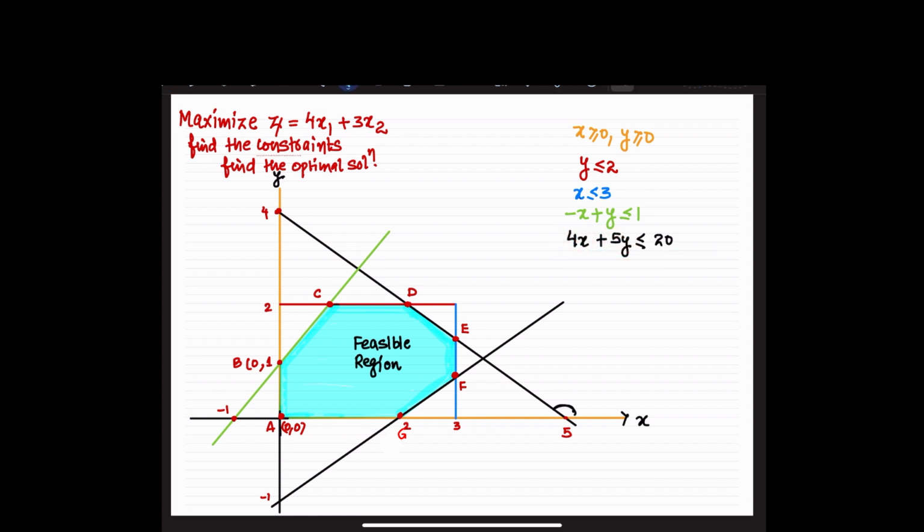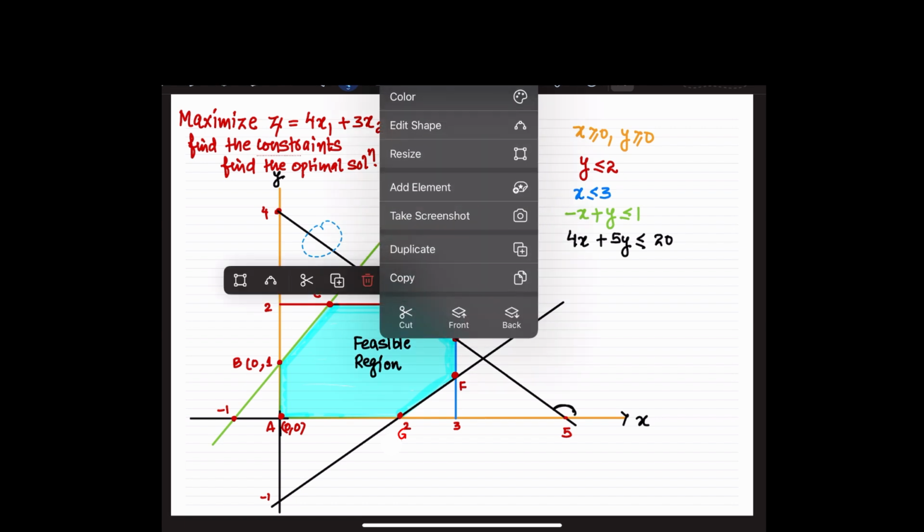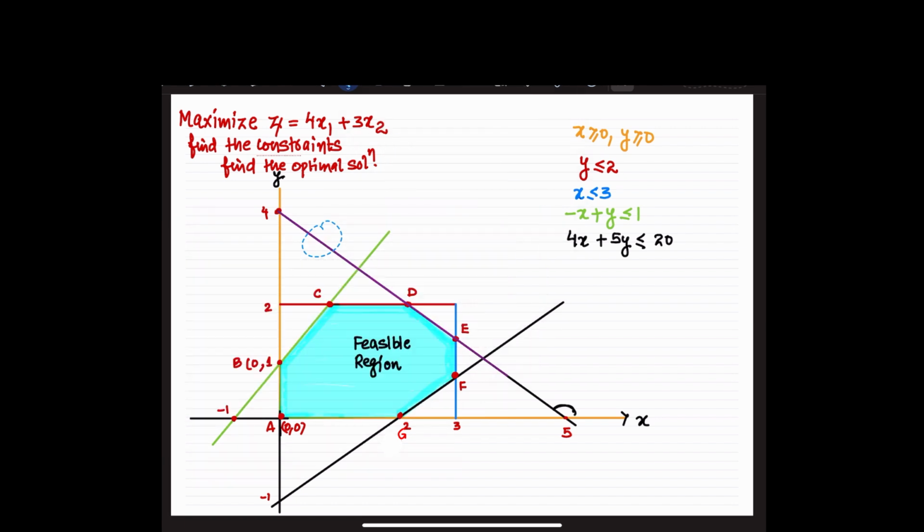So its equation is also found. Let's color this as, say, purple. So 4x plus 5y is less than or equal to 20. This is the constraint. 4x plus 5y less than or equal to 20. So we found the constraints of the LPP, so the first part is done.